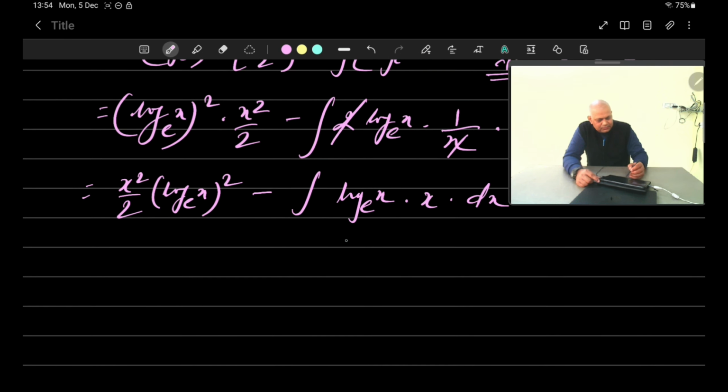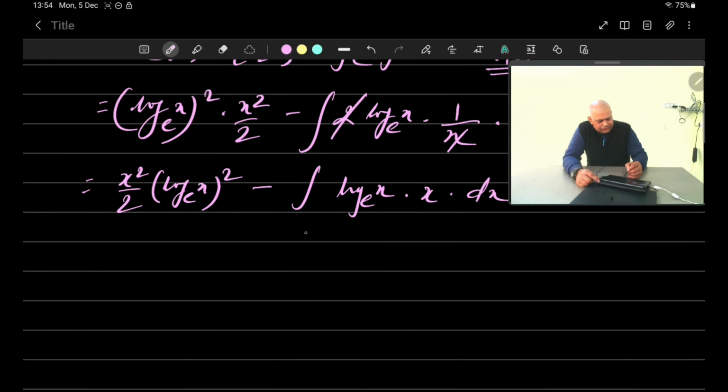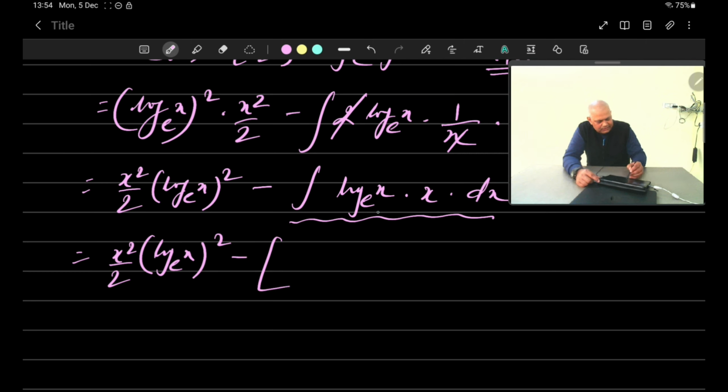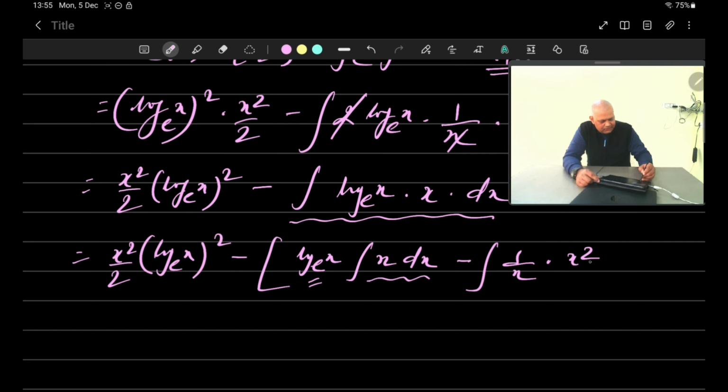Now we have to integrate this function once again by the ILATE rule. So you can write x squared by 2 (log x) whole squared, negative sign, square bracket, and here once again log x will be the first function, so integration of x dx, minus the differentiation of log x, which is 1 by x, times integration of x dx, which is x squared by 2, times dx.